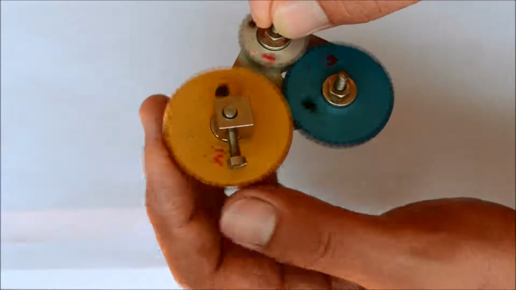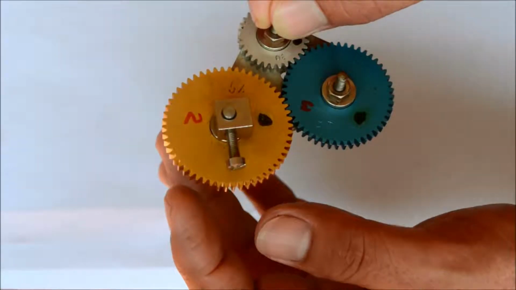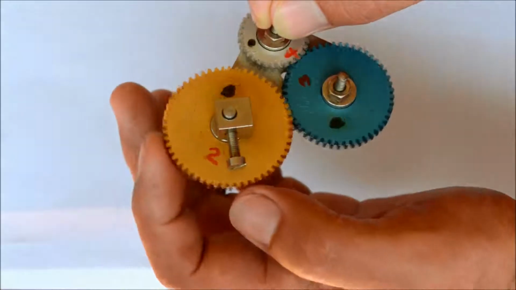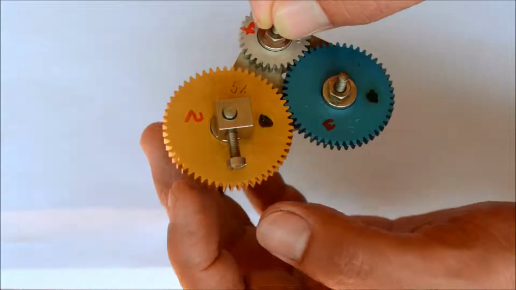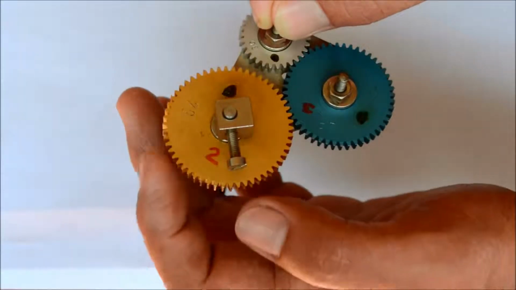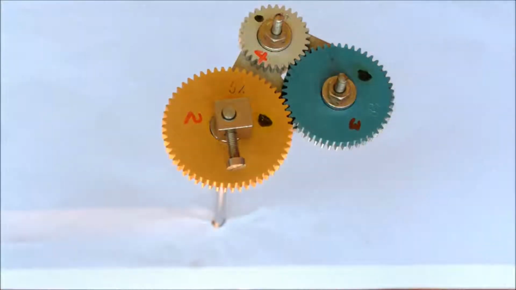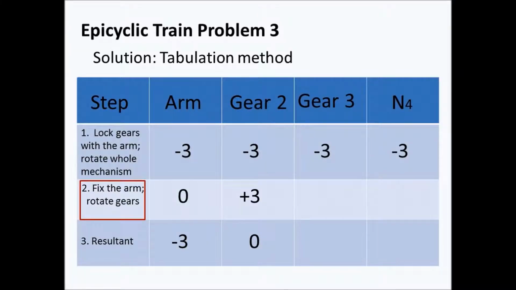We can see the actual mechanism. The second step involves that of rotating the gear 2 in the clockwise direction 3 times. With this, we can proceed in filling up the other 2 boxes for gear 3 and gear 4.